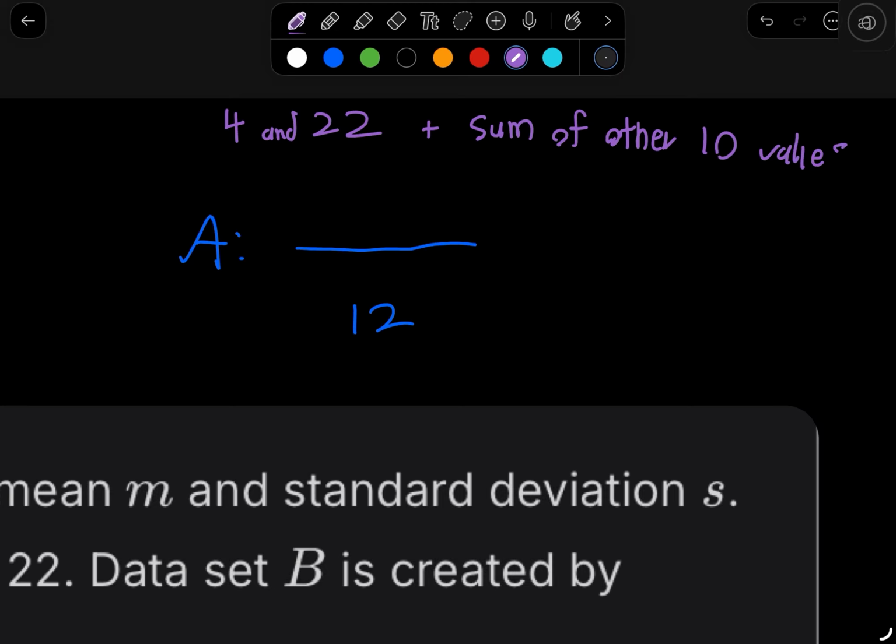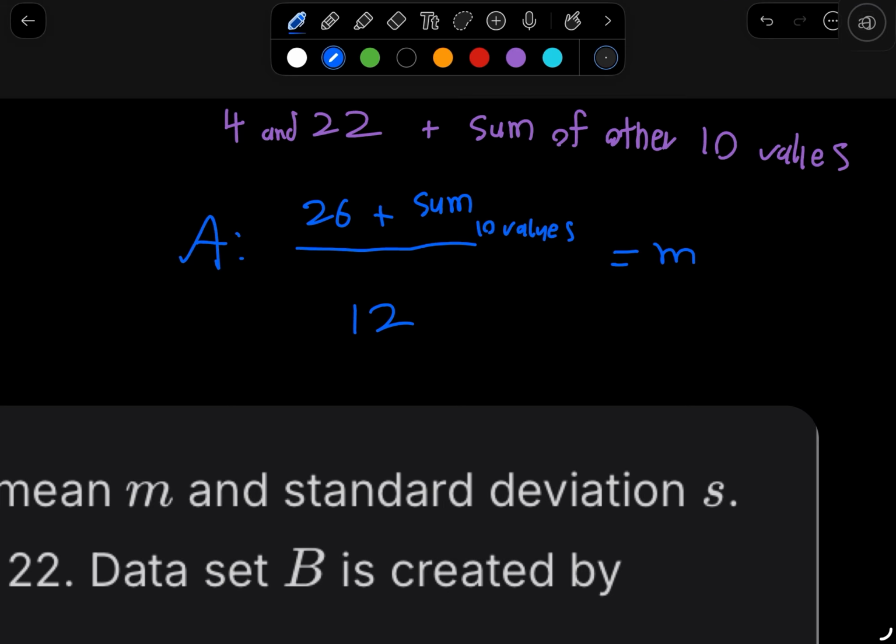Again, we don't know what those are because we don't know the values themselves. Together, this is going to make up the sum. So 4 and 22, if you add those two, you get 26. So you add 26, and of course, the sum of these 10 values. So that's the mean of the first data set, data set A.